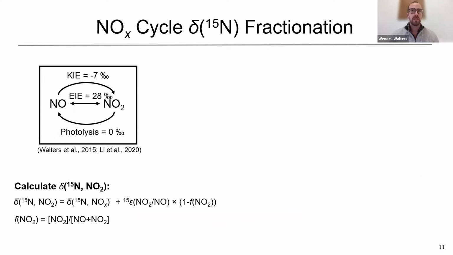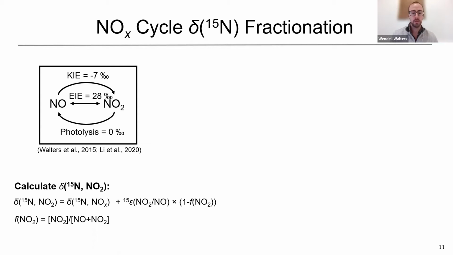So next we consider the role of NOx cycle fractionation on delta 15N. In this cycle, NO is oxidized to NO2, which has an isotope effect of approximately -7 per mil. And NO2 is photolyzed back to NO, which has a near negligible isotope effect.